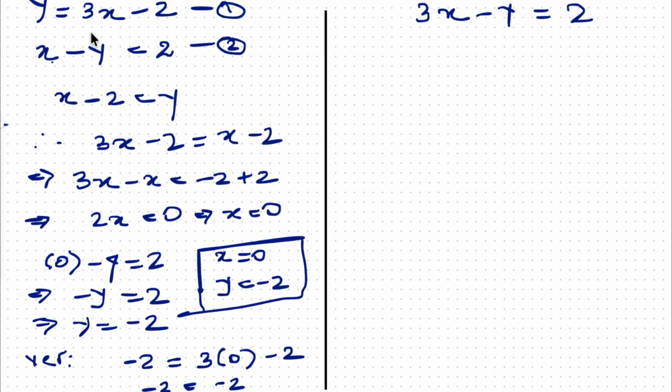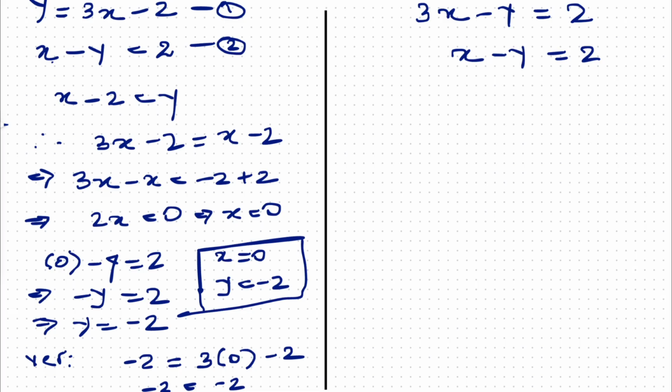And how did I get that? Well, I subtract y from both sides here, and I add 2 to both sides here, and that's how I get 3x minus y equals 2. And then I'm writing x minus y equals 2 just below that.